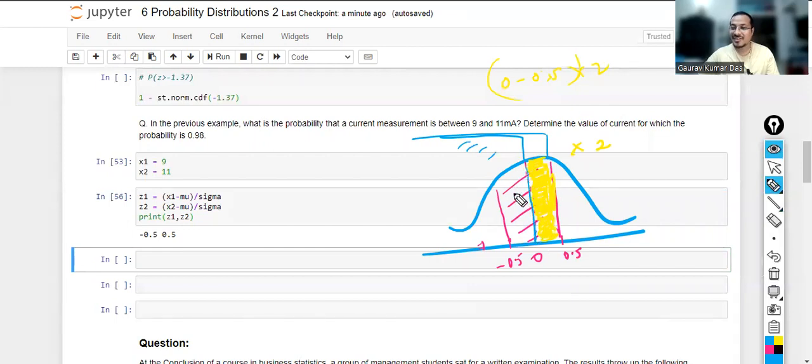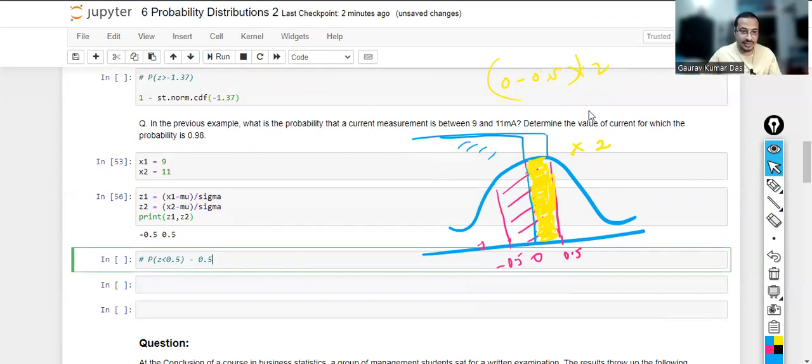This is definitely 0.5 because it's half, subtracted from P(z less than or equal to 0.5). So what do I ultimately need to do? I ultimately have to calculate P(z less than 0.5) minus P(z less than 0), which is nothing but 0.5. The entire area on less than 0 will be 0.5, greater than 0 will be 0.5, equal halves, right?